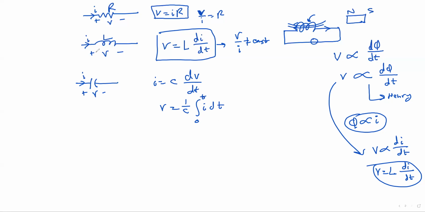So in case of an inductor, you have to differentiate current to get voltage. In case of a capacitor, you have to integrate current to get voltage. So this is a resistor. This is an inductor. And we have a capacitor here.